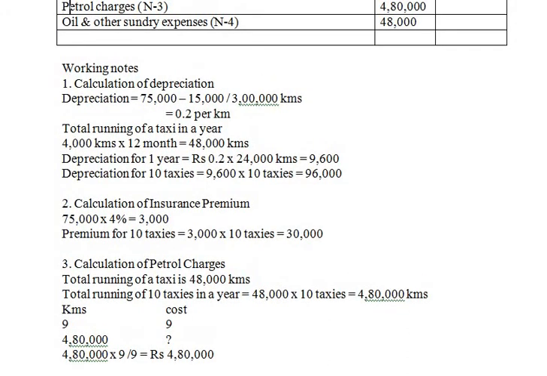Now only two expenses are given. Make a total and take it to the outer column. That is 5,28,000. Now make total of all three. 7,77,600. So this is called as total operating cost.